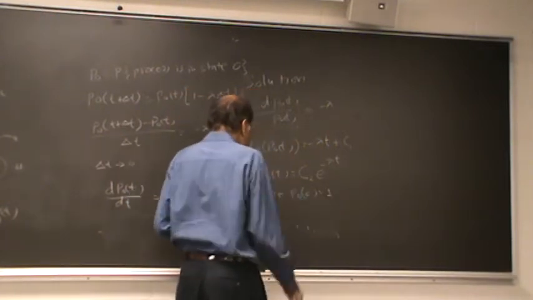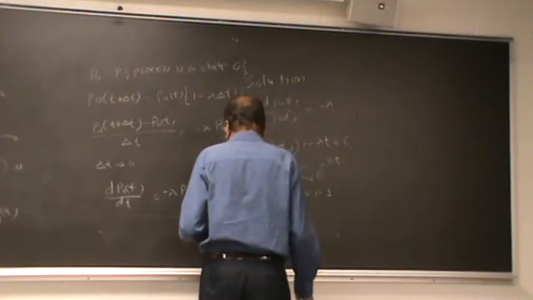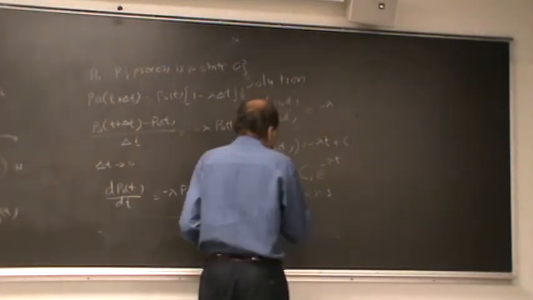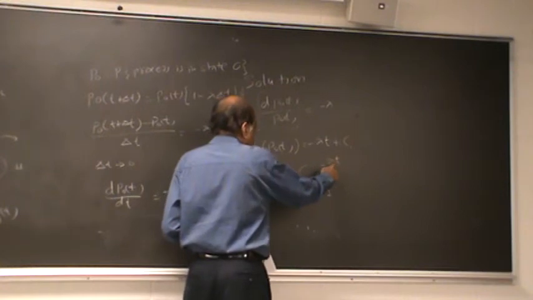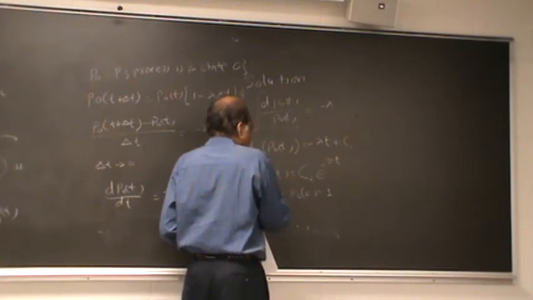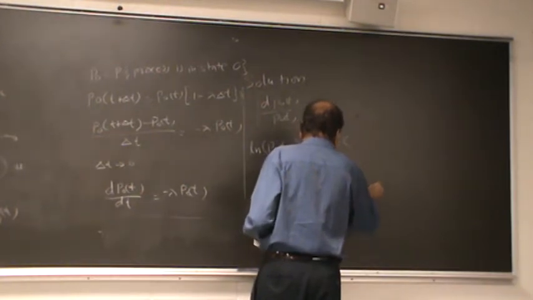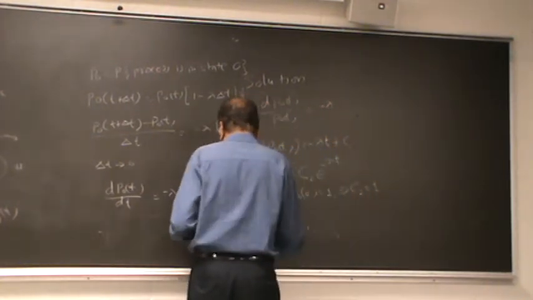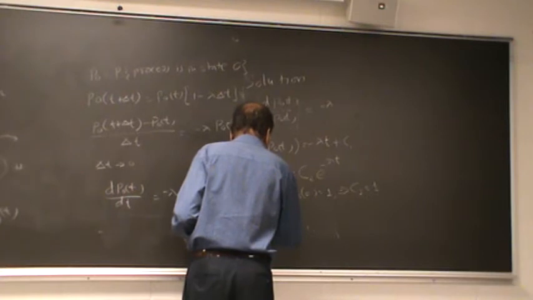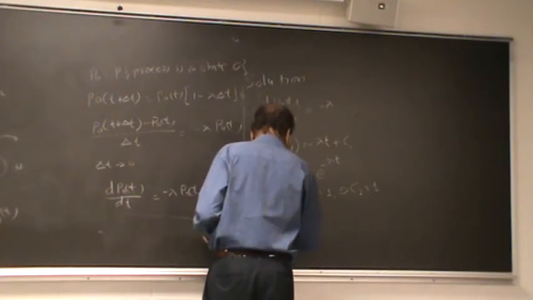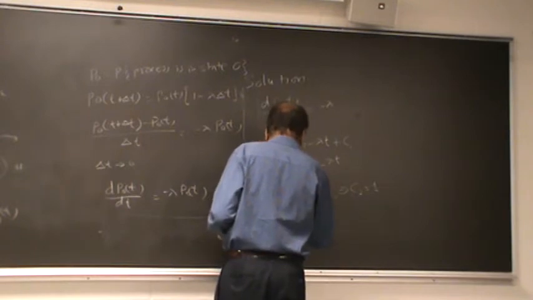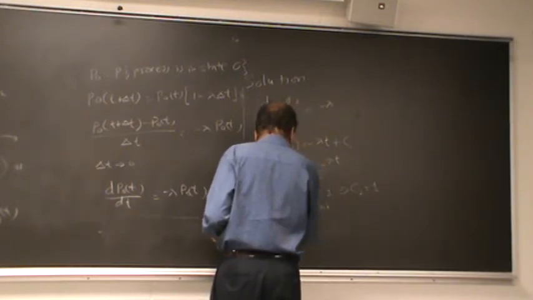So P0(0) is 1, and so at time t equal to 0, we want this to be 1, and that implies that C2 should be equal to 1. And hence we get the answer P0(t) is equal to e raised to minus lambda t.